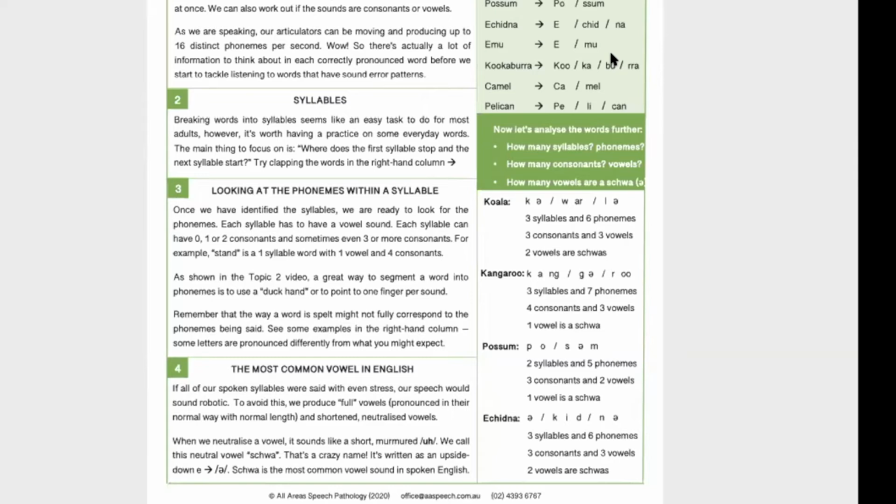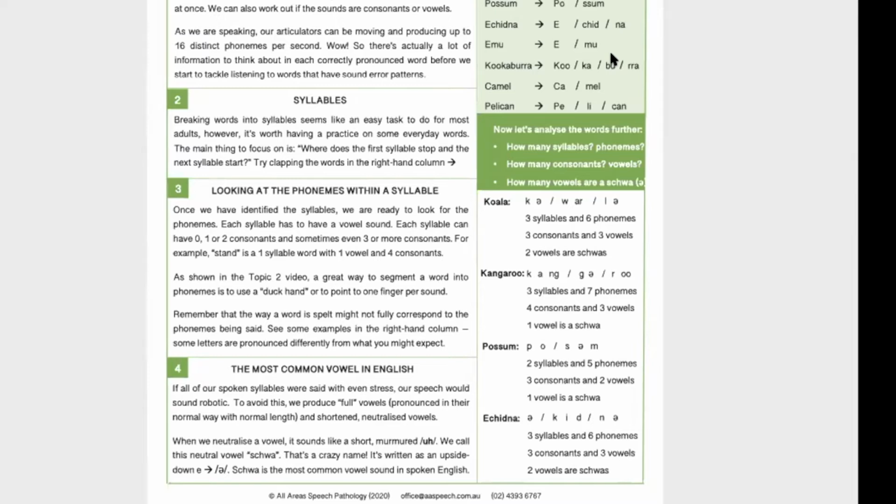So we do a 1-syllable word, it's just phonemes. But once we get to 2, 3 or 4 syllables, then we need to first of all find the syllables and then find the phonemes. So we do 2 things at once, and that's why we have claps for syllables and duck hands for phonemes.